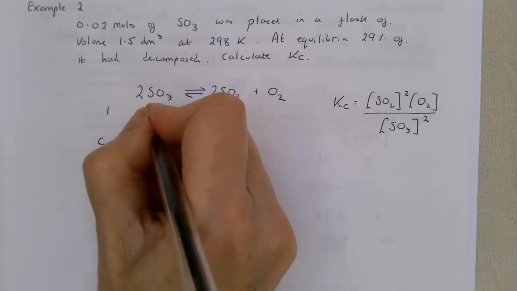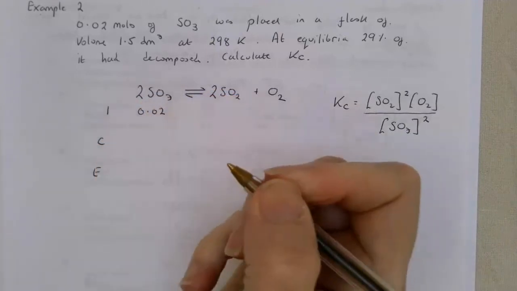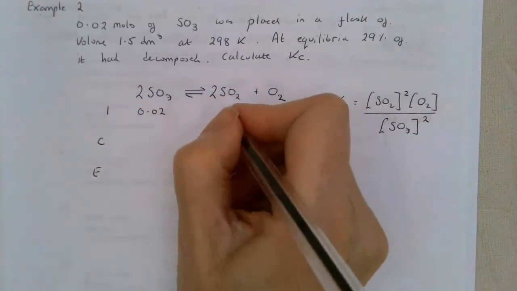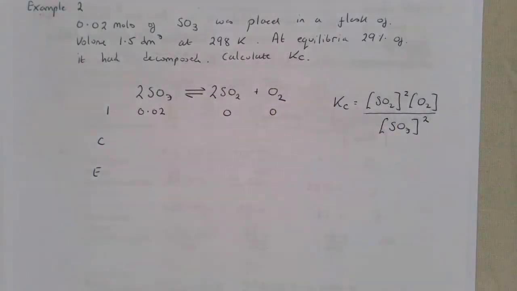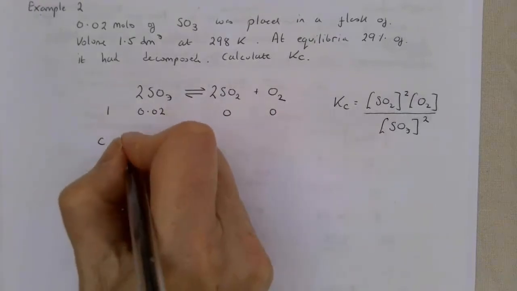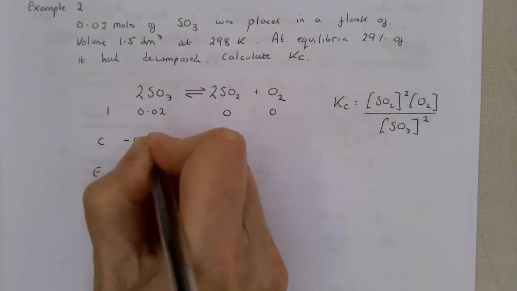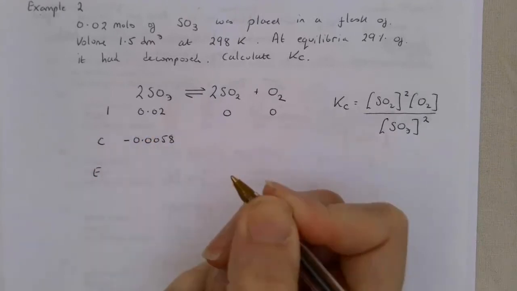Initially, I have 0.02 of a mole of SO3. Initially, because they are products, I can assume I have no oxygen and no sulfur dioxide. I am told that 29% of the SO3 had decomposed. So 29% of 0.02 gives me minus 0.0058.